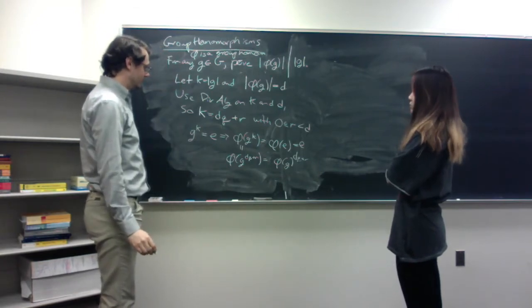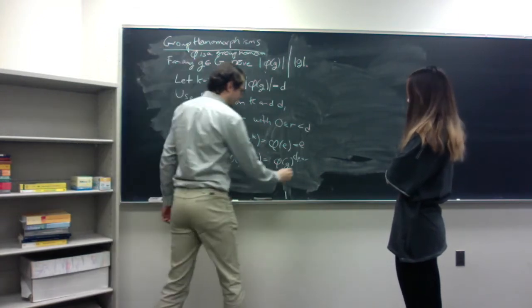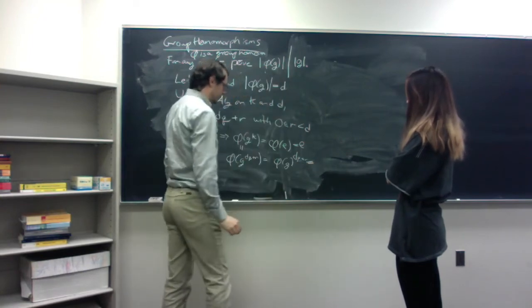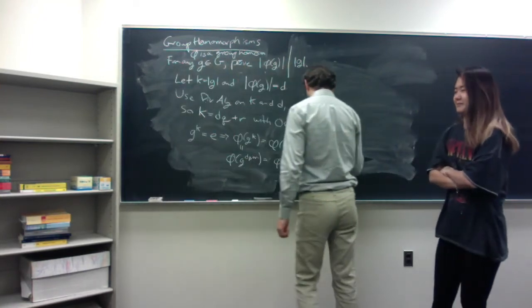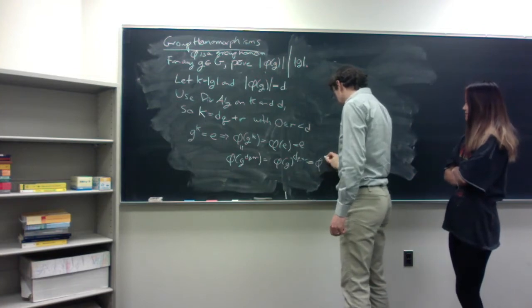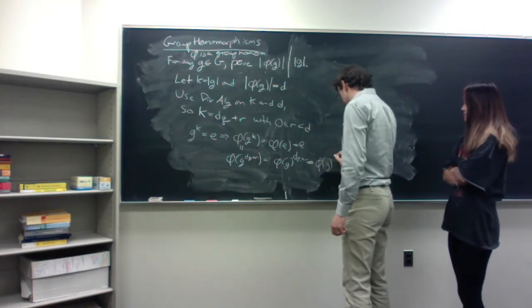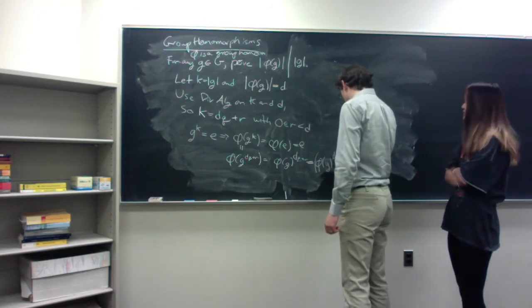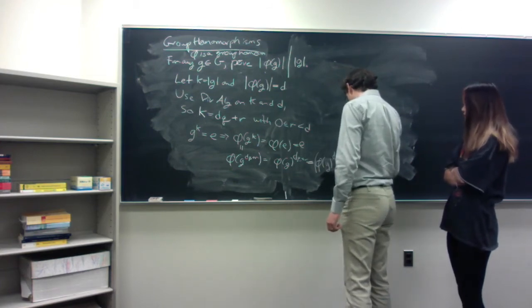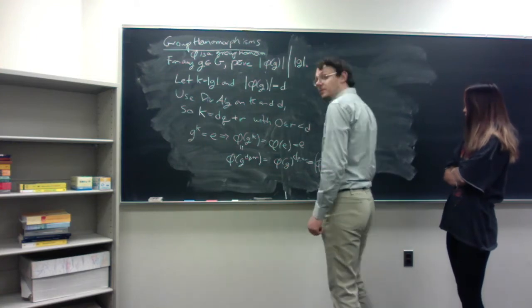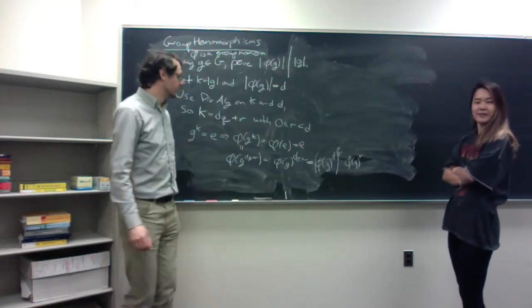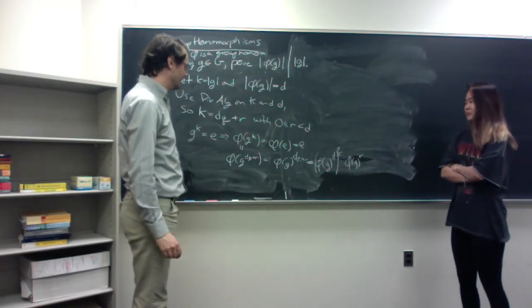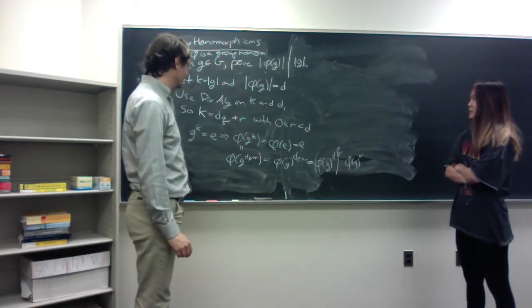Now we should be able to do some exponent tricks here. Multiplying, having a sum, so phi of G to the D, all to the Q, times phi of G to the R. So we must know some stuff.